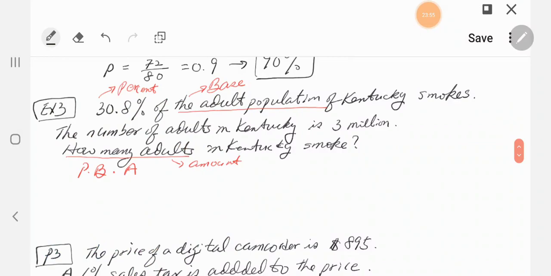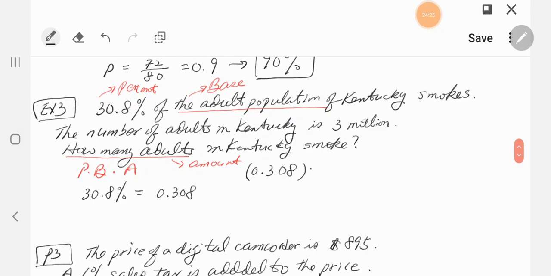Okay. So 30.8% is equal to 0.308, right? So the equation will be 0.308. This is the percent, times what is the base? The base is the number of adults. The number of adults in Kentucky is 3 million.